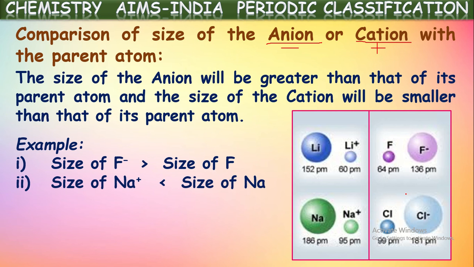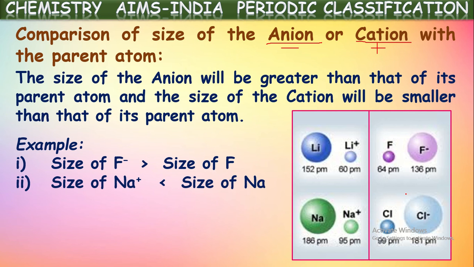That's why the size will bulge. That's why anions have greater size than the neutral atom. To overcome these repulsions, electrons move a little away from each other, and hence size increases. That's what is said here: the size of the anion will be greater than that of its parent atom.